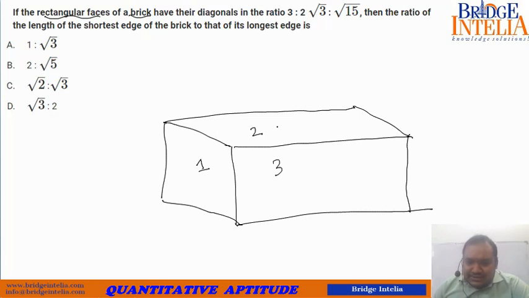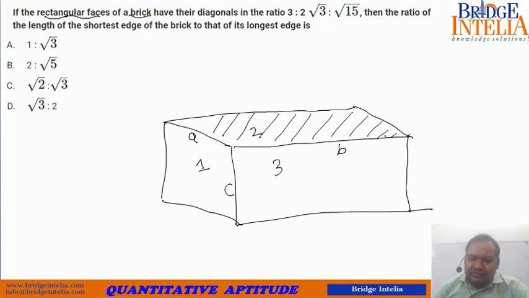And see, let's suppose the length is A and the breadth is B and the height is C. So as you can see, the area of these 3 surfaces, if you find out the area of this surface, you will say that I am going to find out the area of a rectangle.